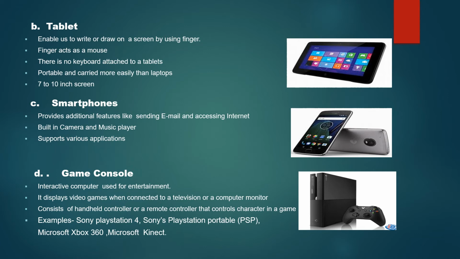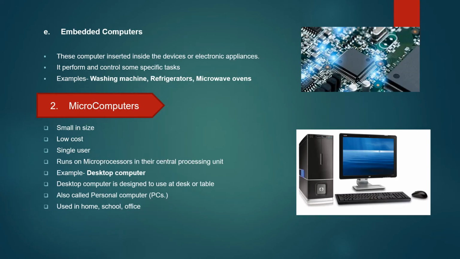Alright. So the fifth type of mobile computer is embedded computer. These computers are inserted inside devices or electronic appliances. They perform and control some specific tasks. Examples of embedded computers are washing machine, refrigerator, and microwave oven. It means a device is inserted inside an electronic appliance.